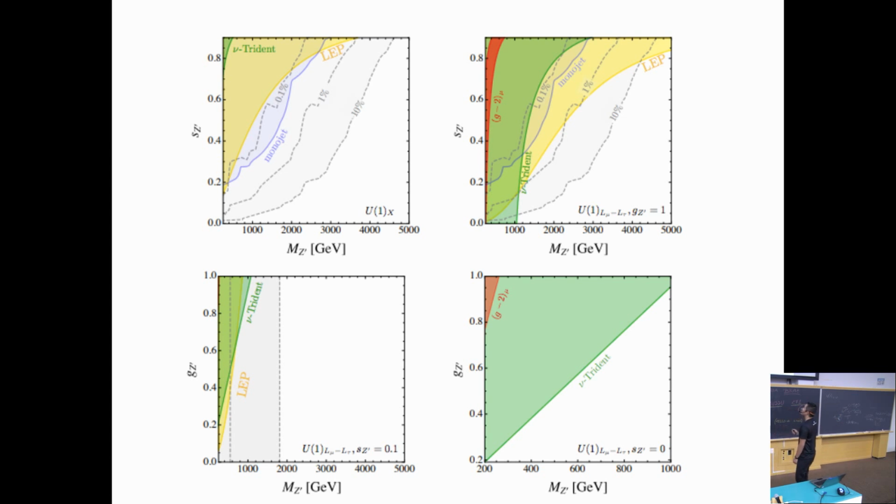The same applies for the other scenarios, and in some of them we just fix this gauge coupling. But when you fix this gauge coupling, all these things can change, and we took that into account. So we can see here that this kind of model, for example the mu minus tau, behaves quite differently from the other model, and the same applies for the other models we will see.